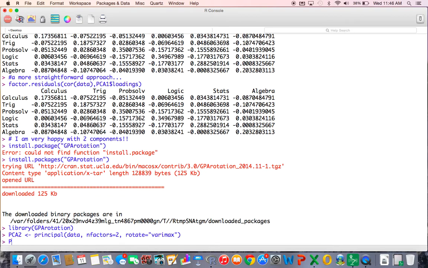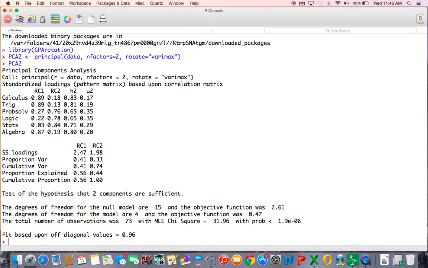Hit enter, type PCA2, and let's see what we actually get here. It looks to me that the communalities did not change, but clearly the eigenvalues did change. So now our factor loadings are much more interesting.